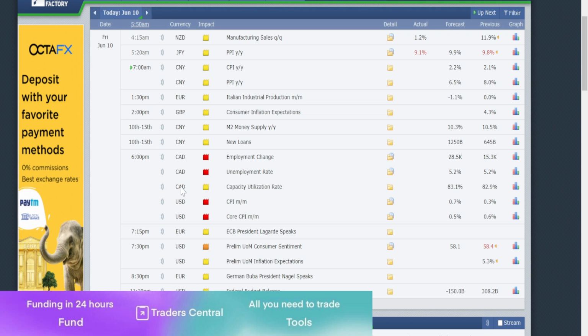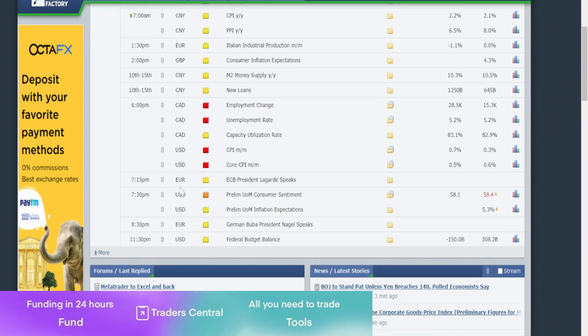When we look at high impacting news, at 6 p.m. we have Canadian dollar related currency pairs high impacting news and US dollar related currency pairs high impacting news. Again at 7:30 p.m. we have medium impacting news planned for US dollar related currency pairs. So plan your trade entry and exit based on this economic calendar news schedule. Let us begin our analysis.